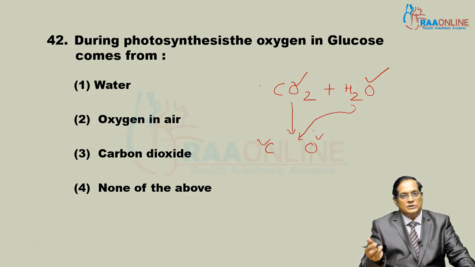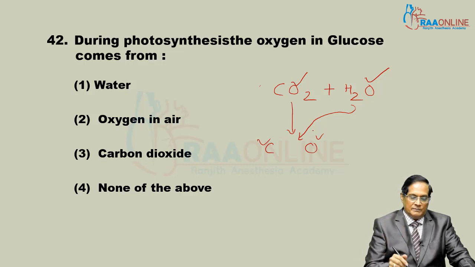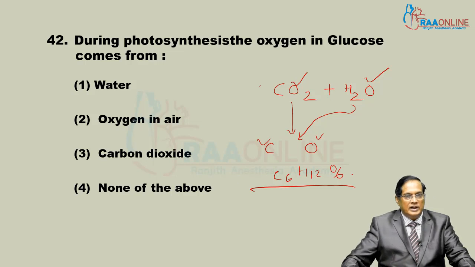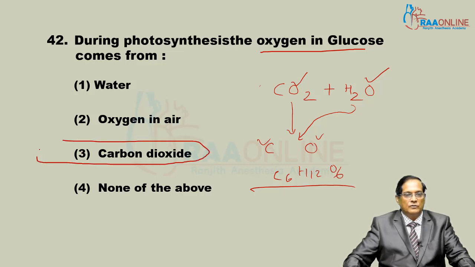Water undergoes oxidation, and then hydrogen ions are released. These are trapped by carbon dioxide, and only then C6H12O6 is formed. The answer is very clear: the oxygen in glucose comes from CO2, not from water.